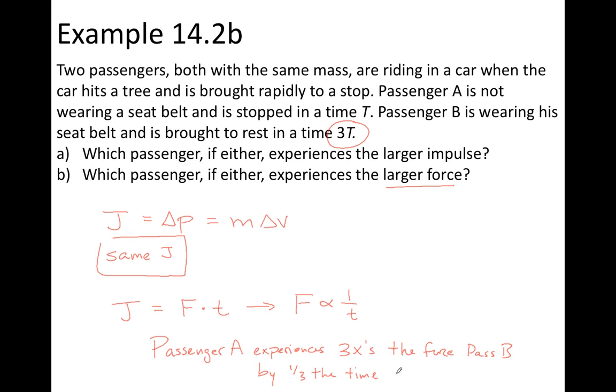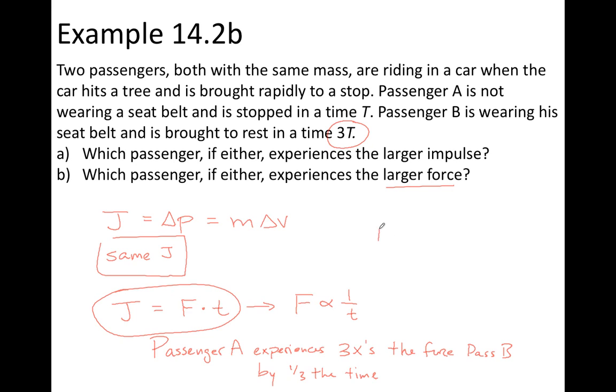Okay? And this is the whole idea behind everything safety-wise. Safety belts, airbags, a helmet, the catcher's mitt from the last example. All of those are looking at this idea that for the same change in momentum, the force is inversely proportional to the time.